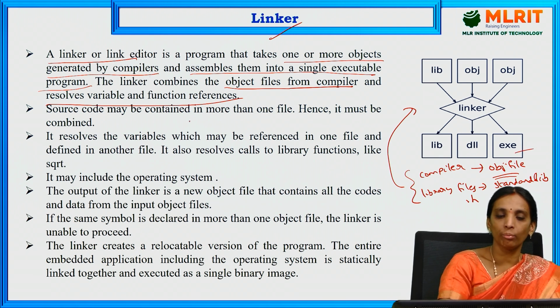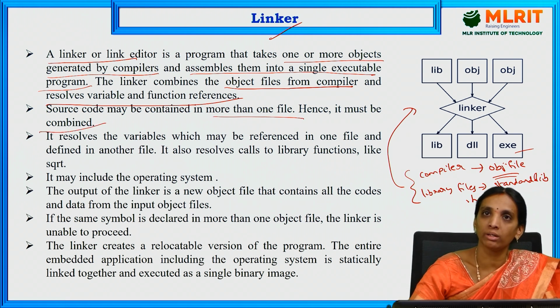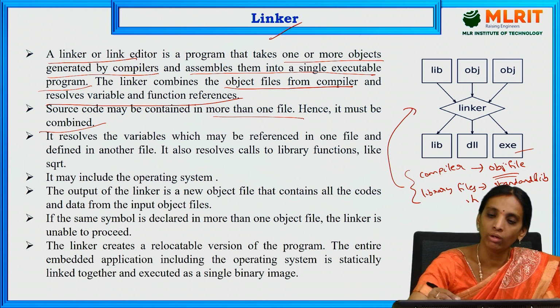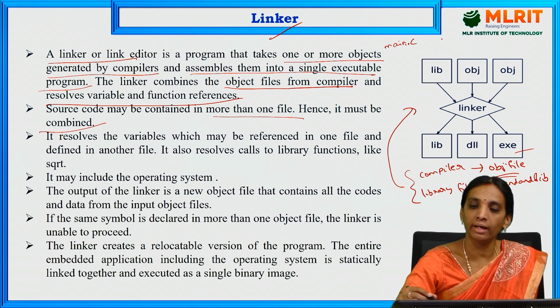The source code may be contained in more than one file, so it must be combined. For any application it may not be possible to write everything in only one file. For example, one file is main.c.